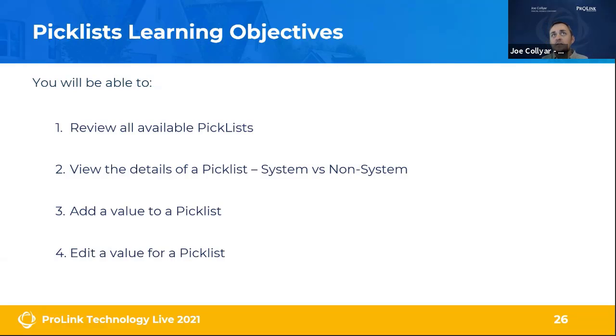The key there is that there are some drop-down menus that you can make changes to, in other words, configure the values. There's some that you can't because there's code behind the scenes that needs certain values available. And so we do not want administrators making changes to those values because that could break the system. We'll also show you how to add a value to a Picklist when it is one you can change, that being a non-system Picklist, and how to edit a value for a Picklist.